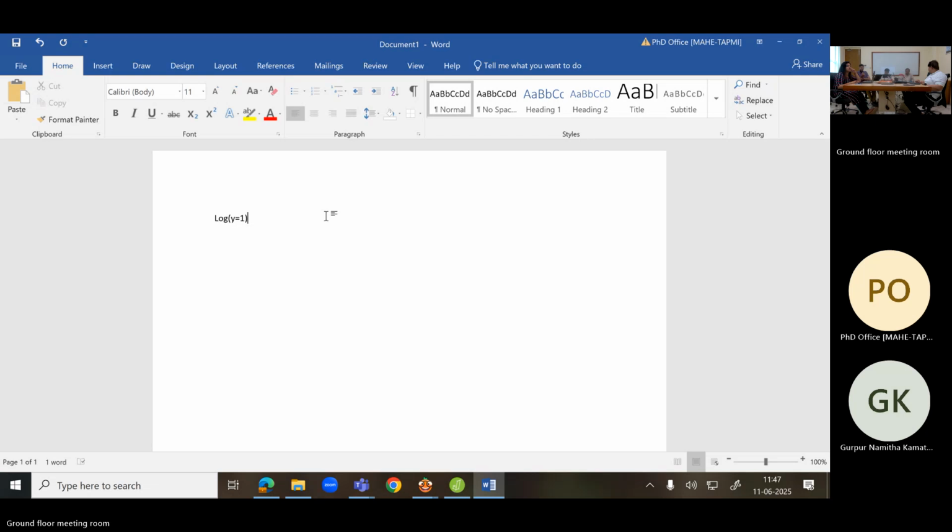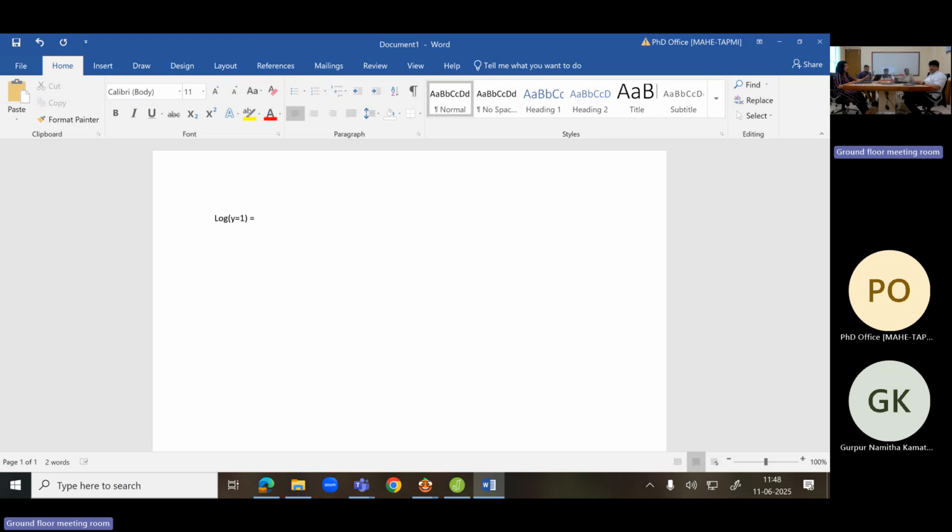Okay. This is the left hand side of the expression, and the right hand side is like your linear regression. Right hand side, what is that? b0 plus b1x, like that, no?